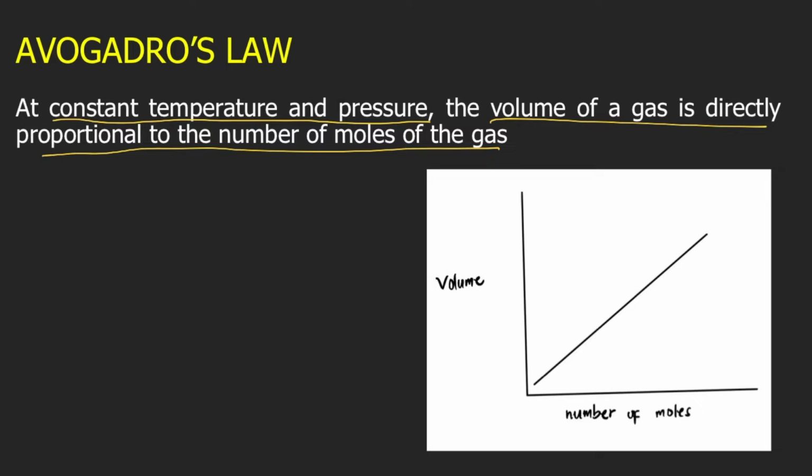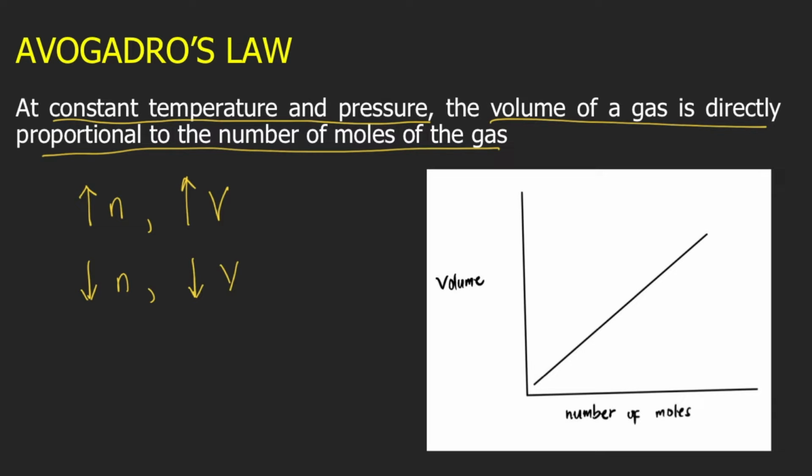So what does directly proportional mean? This means that if you increase the number of moles, the symbol for moles is N, so if you increase N, volume will also increase. On the other hand, if you decrease the number of moles, the volume will also decrease.